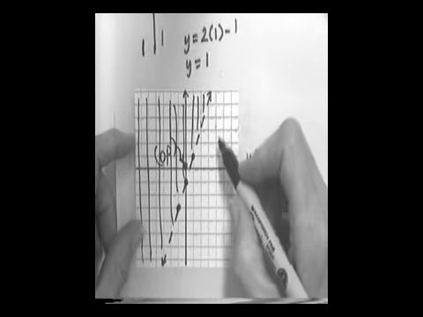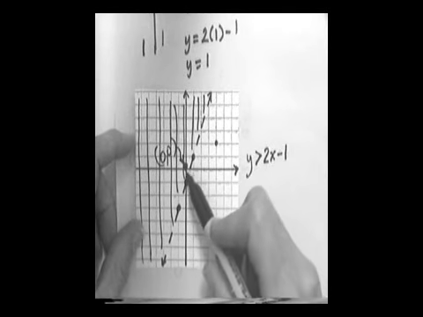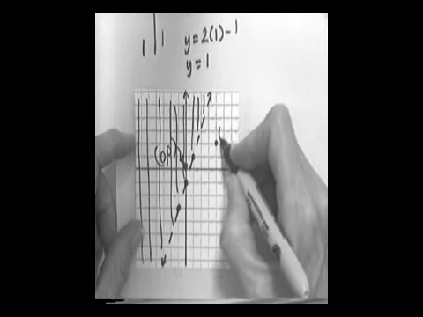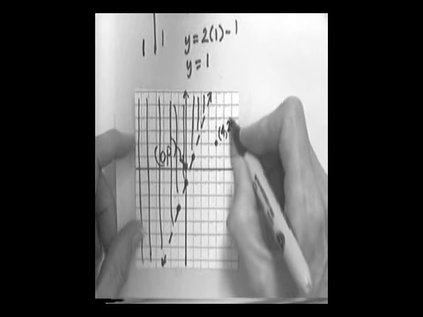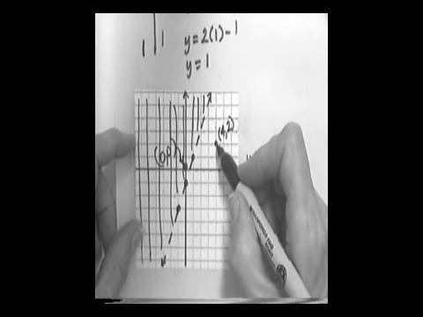I'm going to choose this point. Let's see what its coordinates are. To the right, 1, 2, 3, 4, up 2. So I'm going to test the point 4, 2 to see whether it tests correctly. Remember that on the unshaded side, the test should come out false.